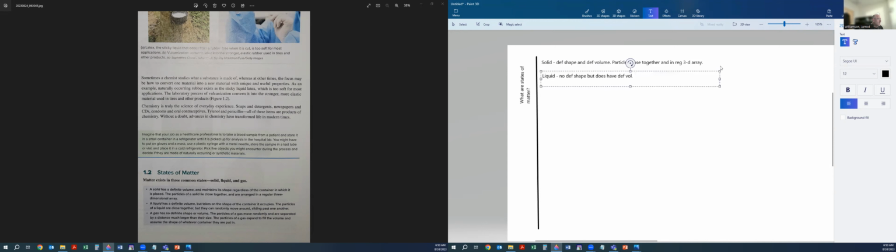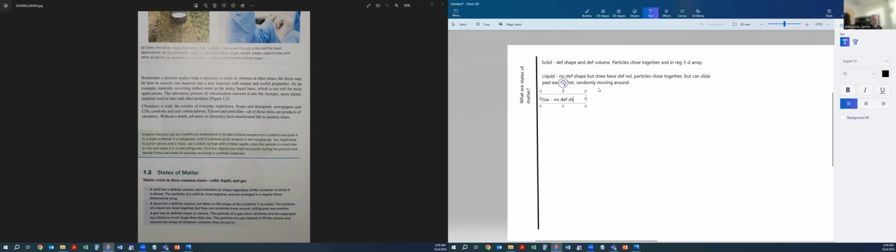And the particles are close together, but can slide past each other. They are randomly moving around. That's another phase. And then the next one would be gas.